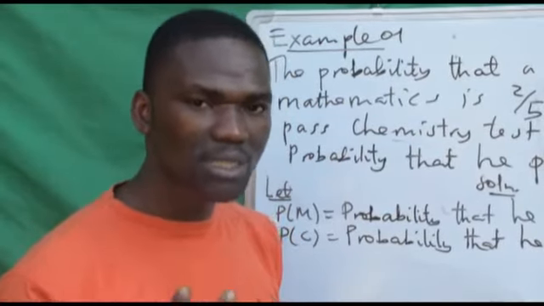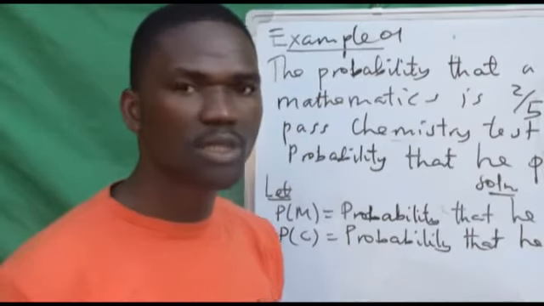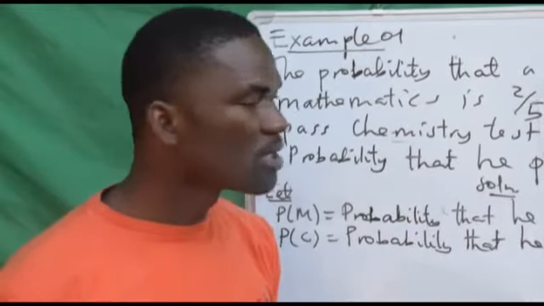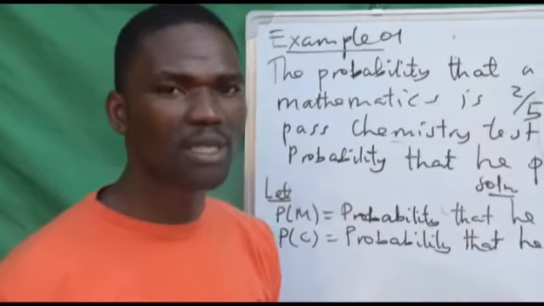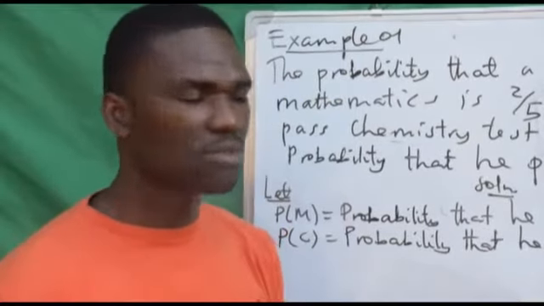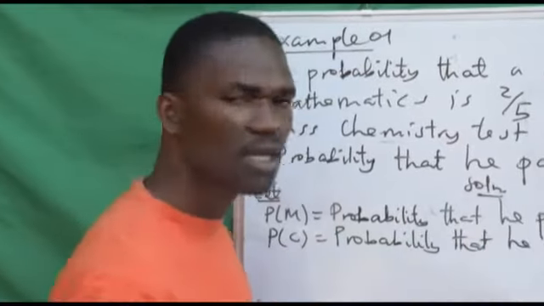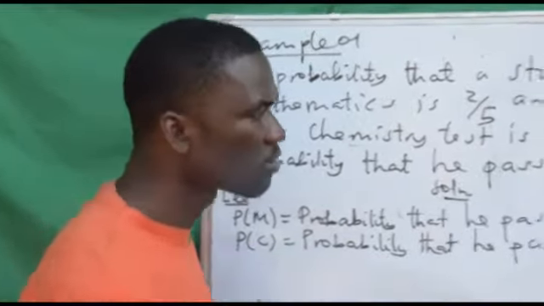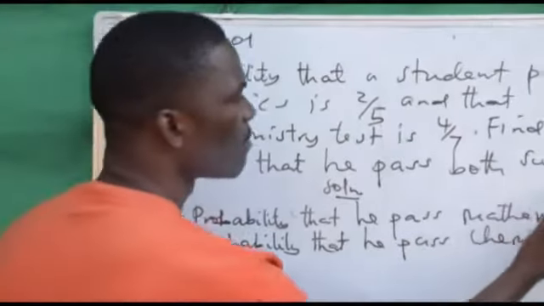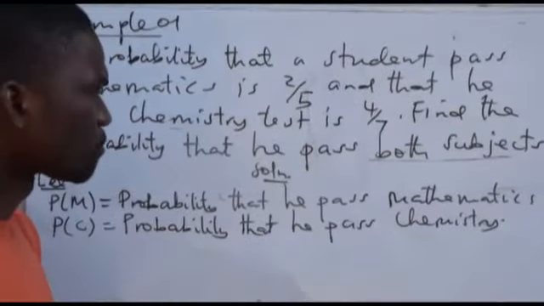The first is a mathematics test and the second is a chemistry test. These tests represent experiments: the student is doing an experiment on mathematics and an experiment on chemistry. The question is asking to find the probability that he will pass both subjects.